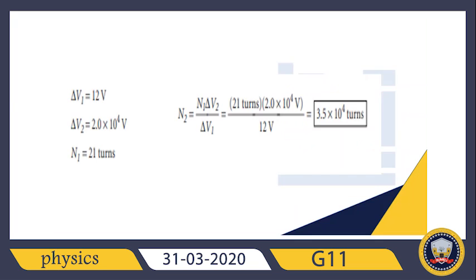So we have the given: delta V1 equal to 12, V2 equal to 2 times 10 to the power 4, N1 equal to 21, find N2. Easy, we can use the formula N2 equal to N1 times delta V2 divided by delta V1 and find the answer.